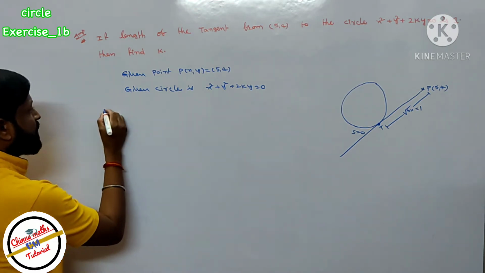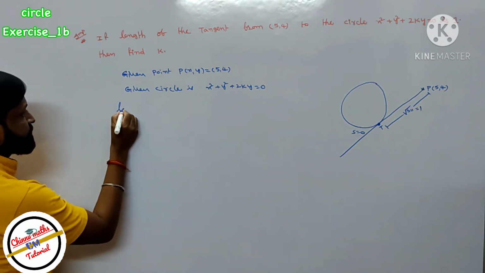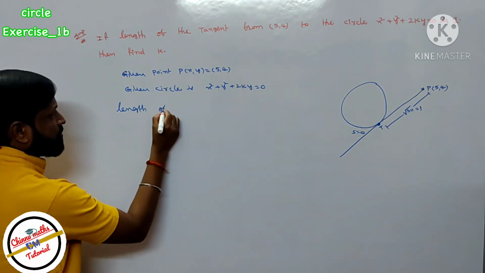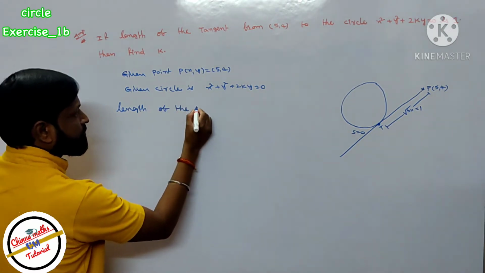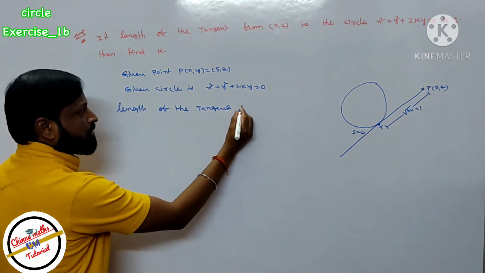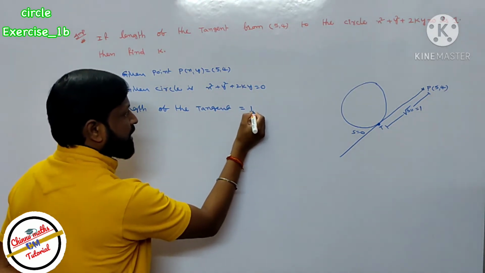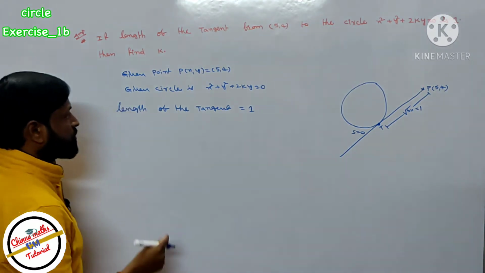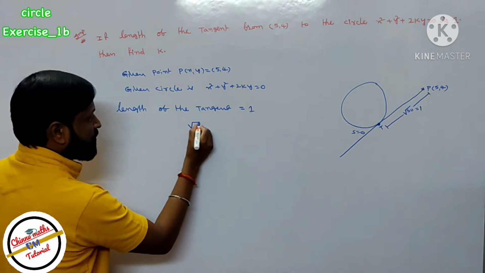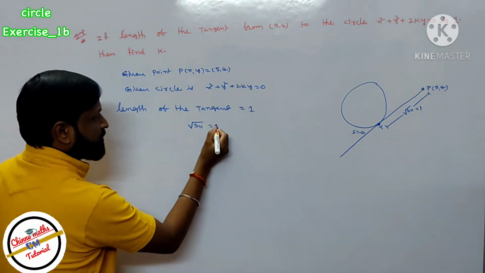Next, length of the tangent is given as 1. So according to the principle, the length of the tangent is root of S11. It is equal to 1.